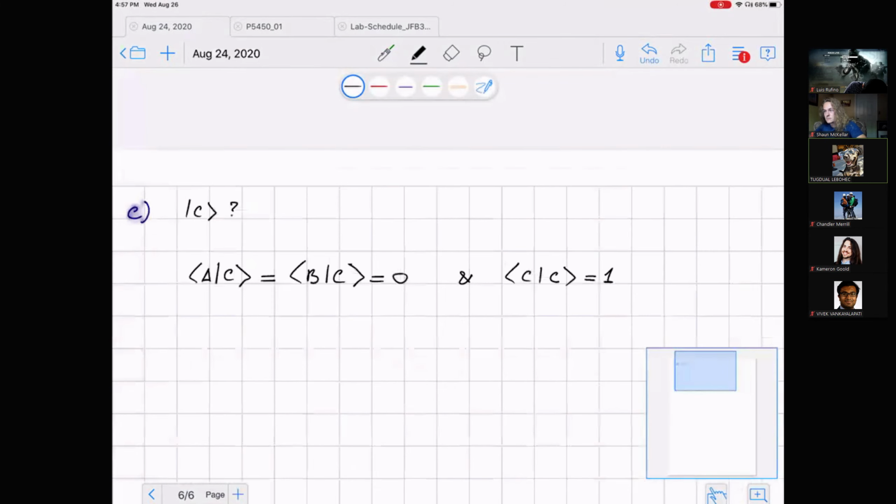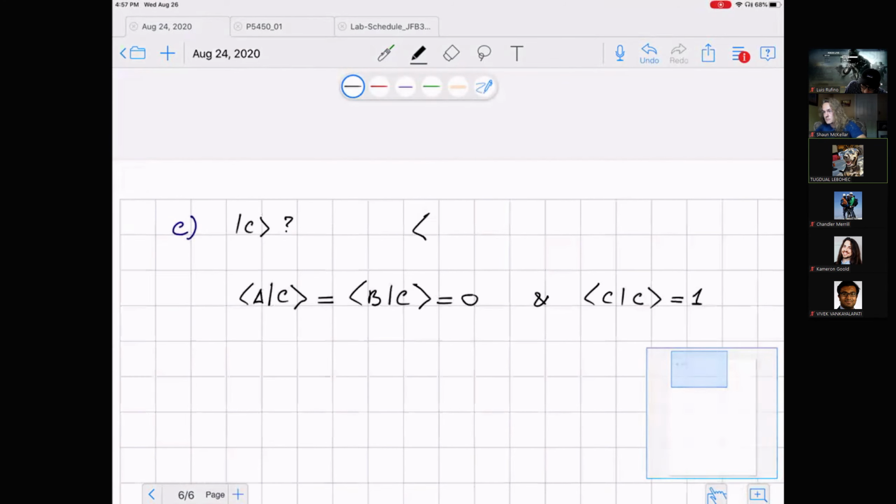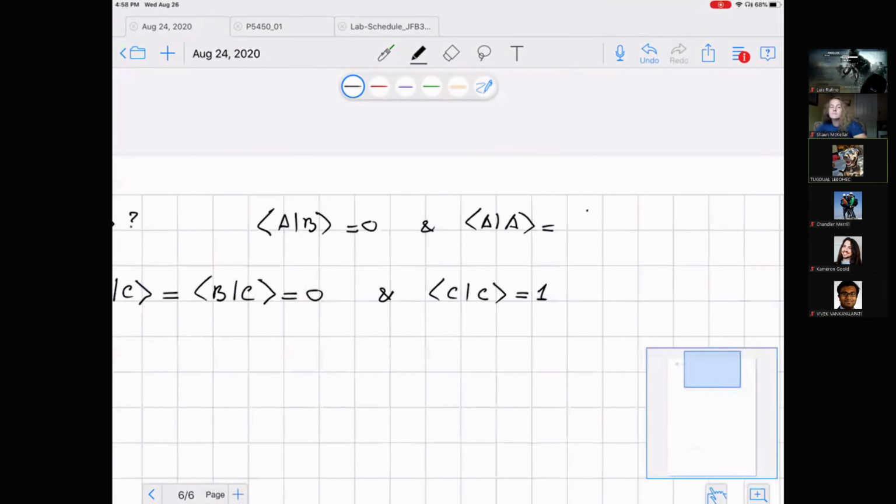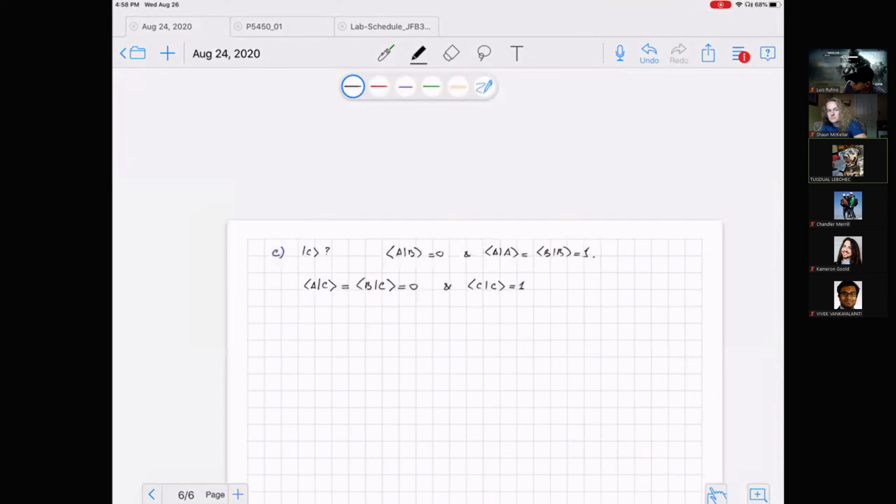Right, because we already know that the inner product of A and B is equal to 0, and the norms of A and B are equal to 1. So if we find C that satisfies these properties, then the set A, B, C will be orthonormal.